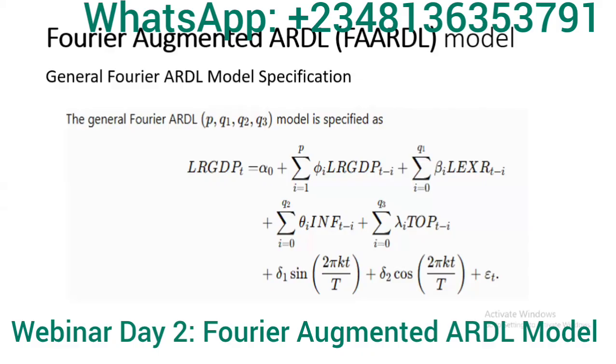Fourier Augmented ARDL model. The general specification for the Fourier ARDL model is the same as that of the Augmented ARDL model, with the exception that the Fourier terms are added to the Augmented ARDL model, or if you like, to the ARDL model.